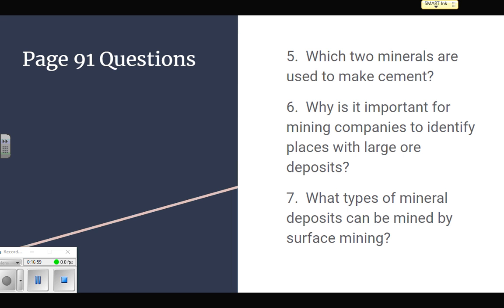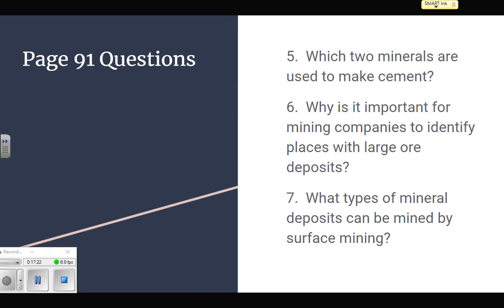Placer mining. Miners can use large ships to mine placer deposits. They attach large buckets to a ship. The buckets scoop up solid material from the bottom of a lake or ocean.